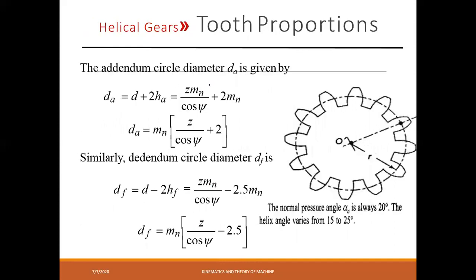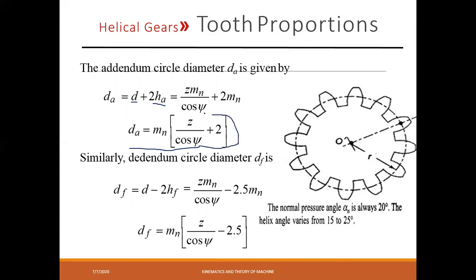The addendum circle diameter dA is given by dA is equal to d plus 2ha, right? The addendum circle diameter is taken as the diametral pitch circle plus 2ha, which is equal to z mn divided by cos psi plus 2 mn. So dA is equal to mn in brackets z upon cos psi plus 2, which is the addendum circle diameter.